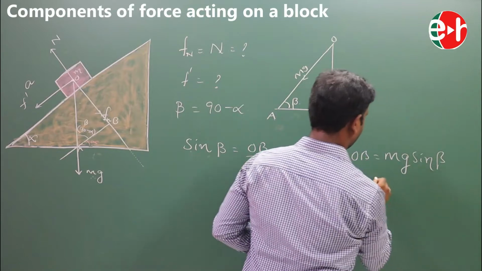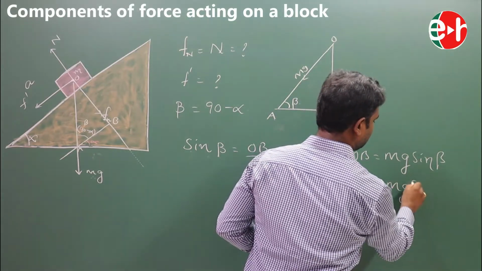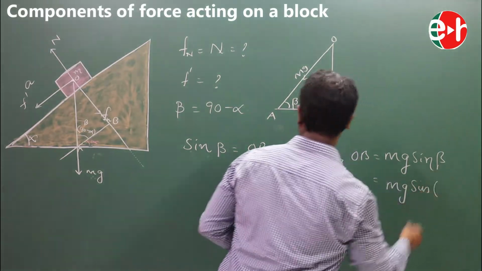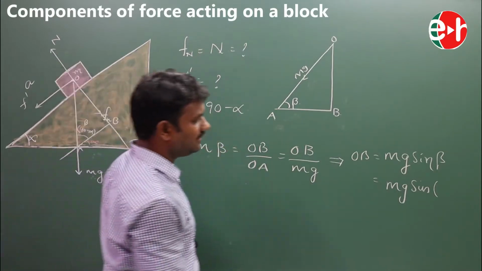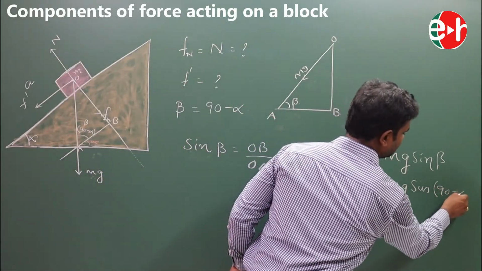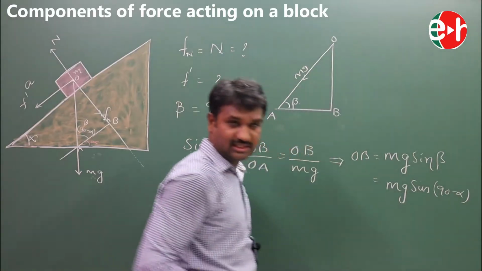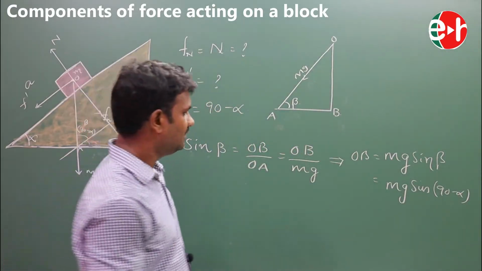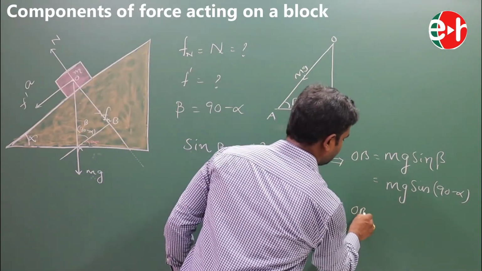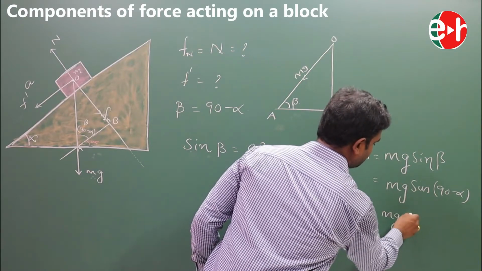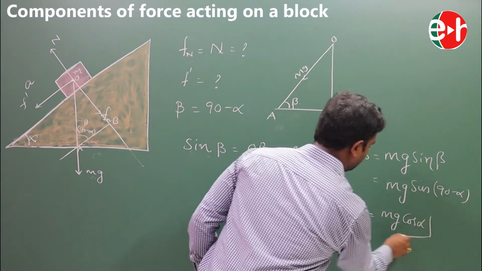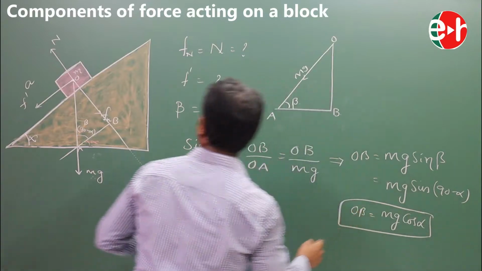That is equal to mg sine, instead of beta, can I write 90 minus alpha? So sine of 90 minus alpha means cos alpha. So OB is equal to mg cos alpha. What is this OB?